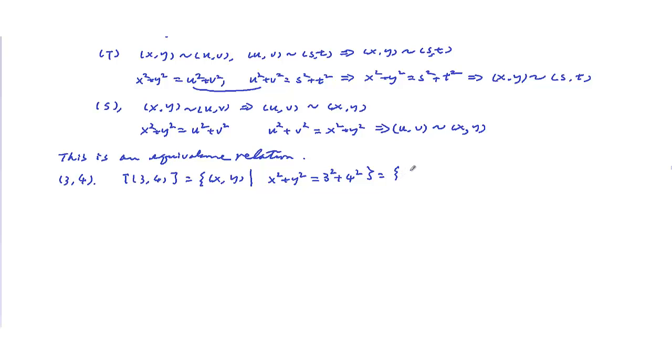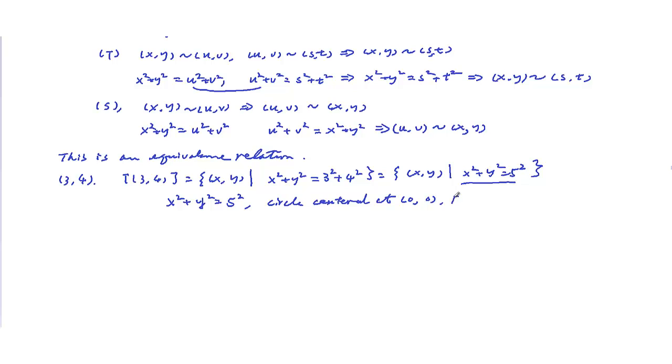Now, you know 3 squared plus 4 squared equals 5 squared. So this, you know, is a circle, right? x squared plus y squared equals 5 squared. This is a circle centered at (0, 0) with radius equal to 5.